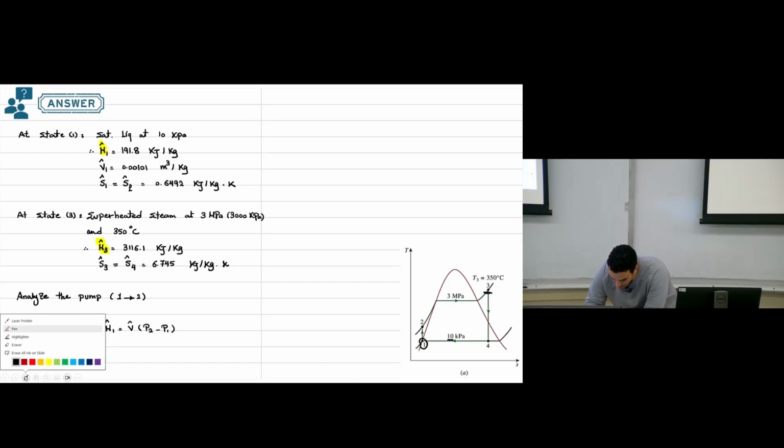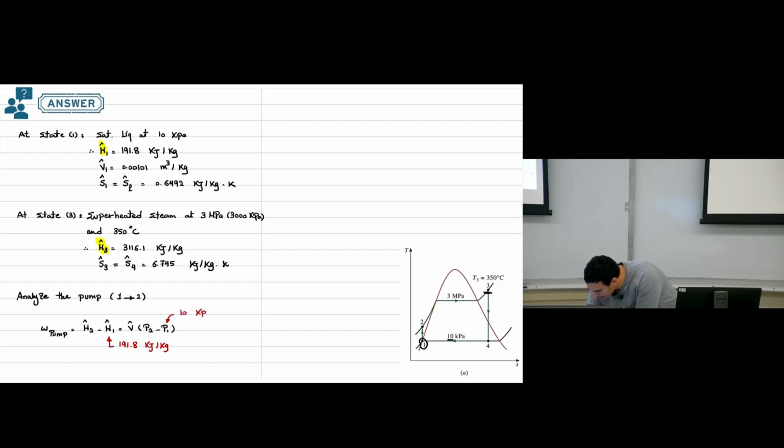So what we have in this equation: we have enthalpy at point number 1. We calculated it. It's 191.8 kilojoule per kilogram. We have pressure at point number 1. This will be 10 kilopascal. We have pressure at point number 2.